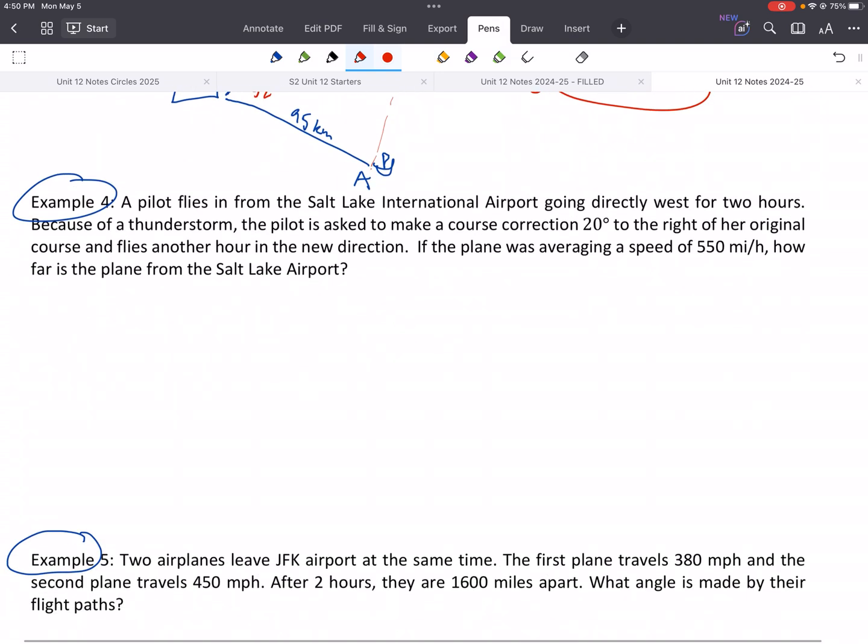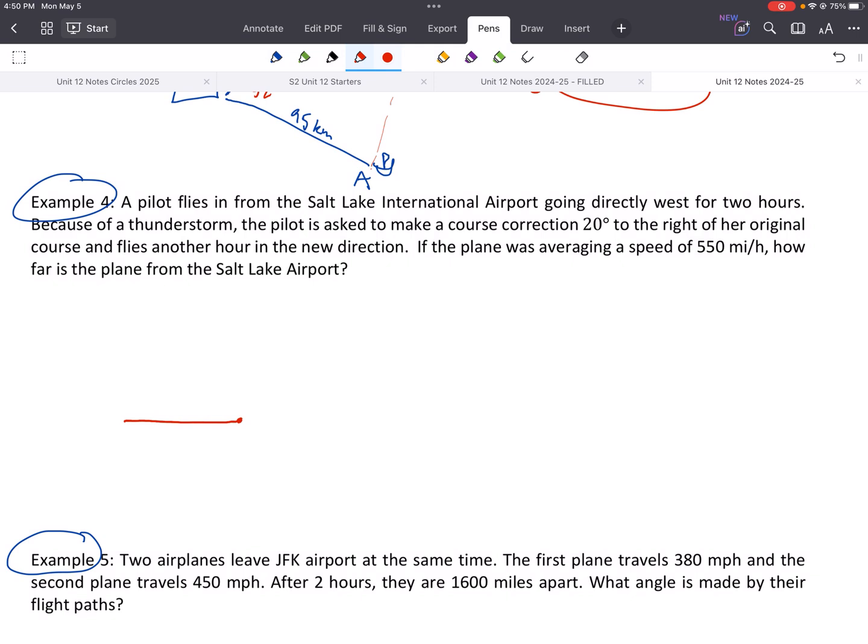All right, so next off we have a pilot that flies from Salt Lake International Airport going directly west for 2 hours. So like say this is Salt Lake City and it drives for 2 hours, but because of a thunderstorm, the pilot is asked to make a correction course 20 degrees to the right of its original course.